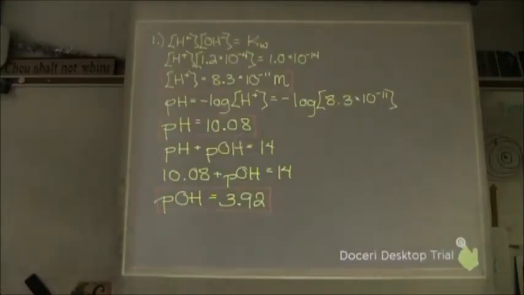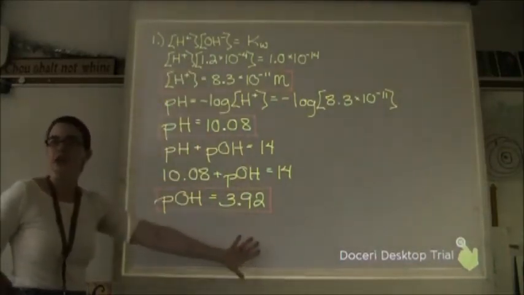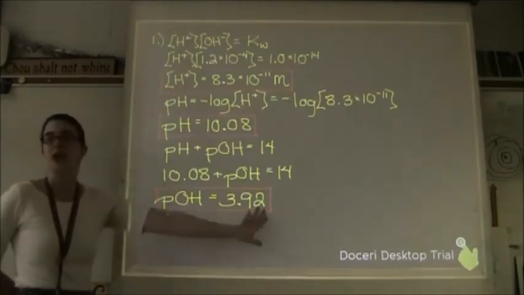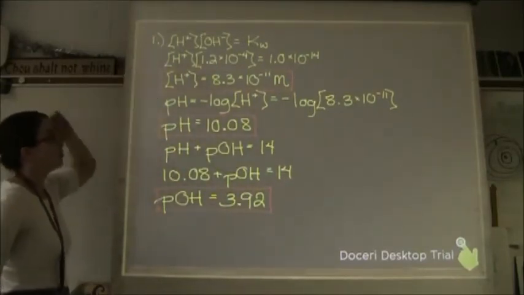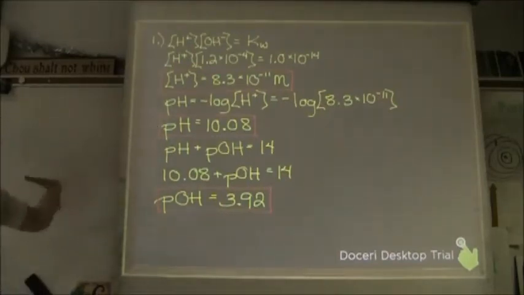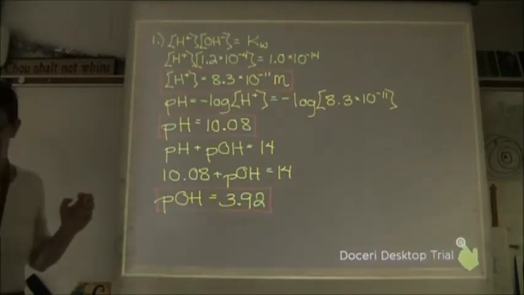Okay, check them. Yeah, guys, there's multiple ways to do this. You may have solved for the pOH first. There's different ways to go. As long as we get the same answers, we're in good shape. Okay, here are the answers for numbers 2 and 3. Please check them.